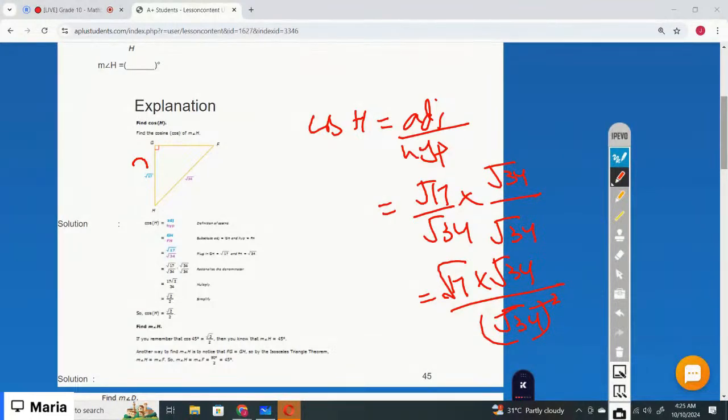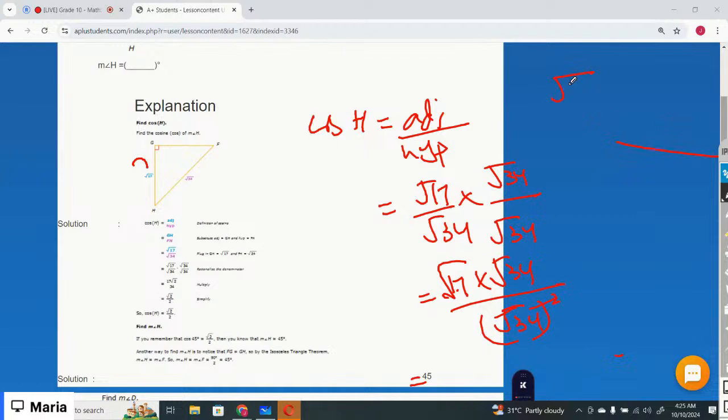Let's just make factors. Write them in one square root, and you can write 34 as 2 times 17. Then you can write 17 outside the square root: 17 square root 2 over 34. So 17 times 1 is 17, 17 times 2 is 34. So that is square root 2 over 2.